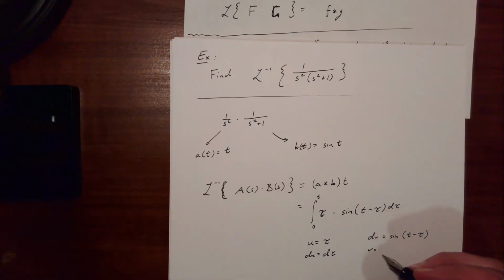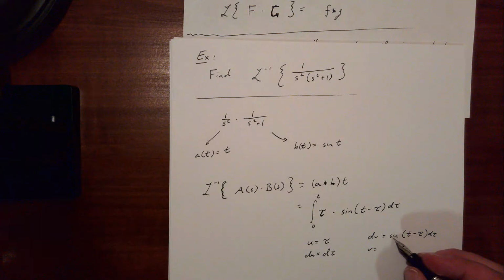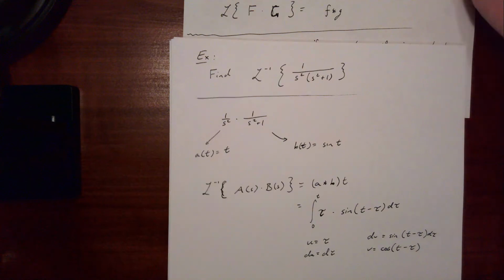And then v will equal, so tau is the variable with respect to which we are integrating here. So a negative would come out, and then the antiderivative of sine is negative cosine. So altogether, it's going to make a positive cosine of t minus tau.